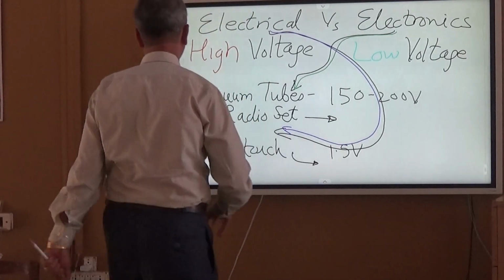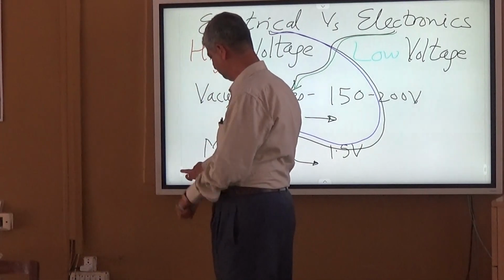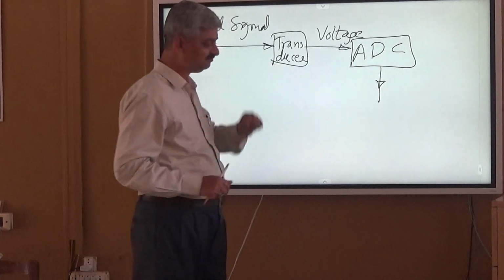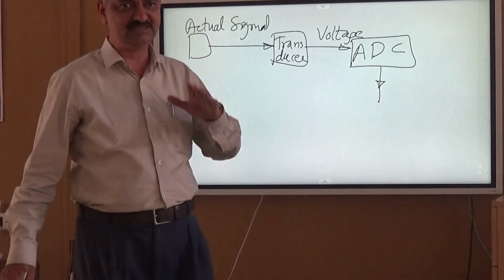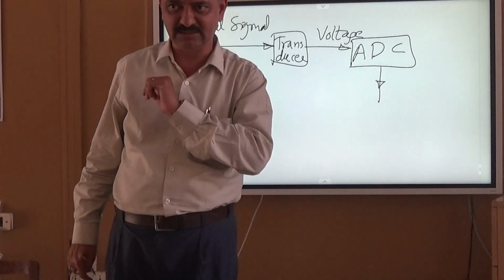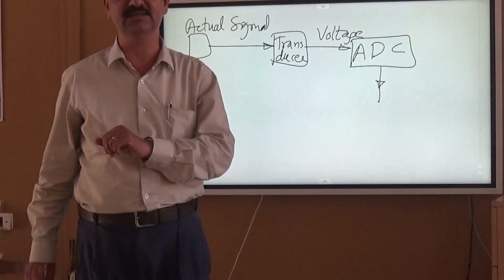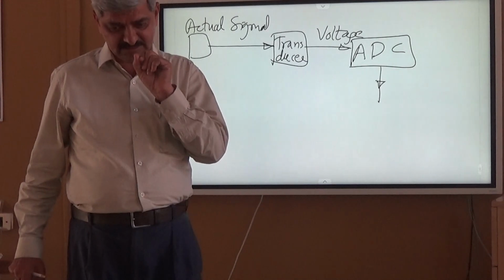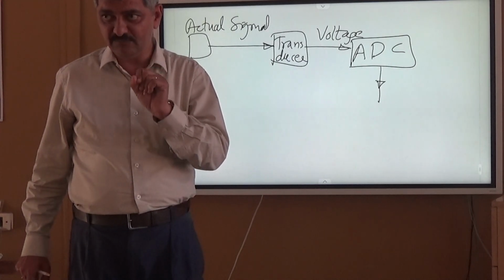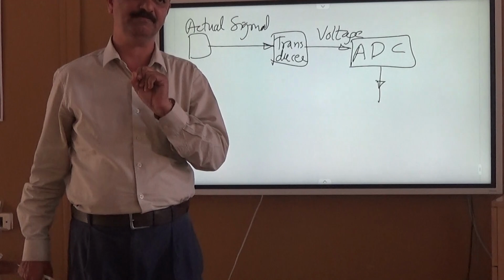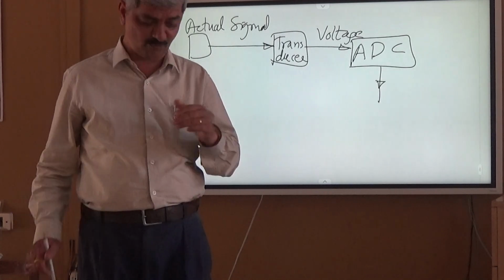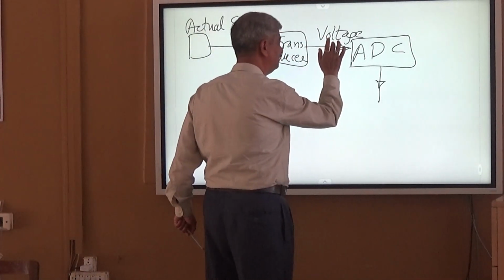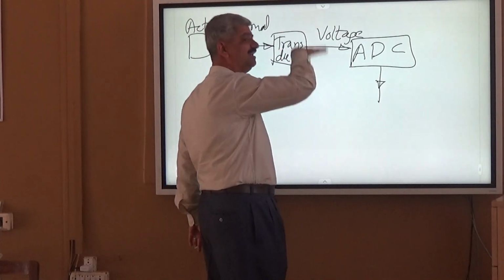So from where we came here? Here, right? So this analog to digital converter converts it into a set of digital values. What is important is this voltage, how it changes, right?